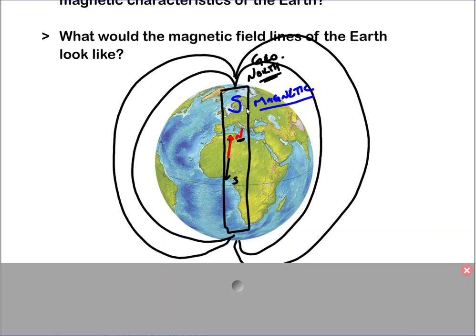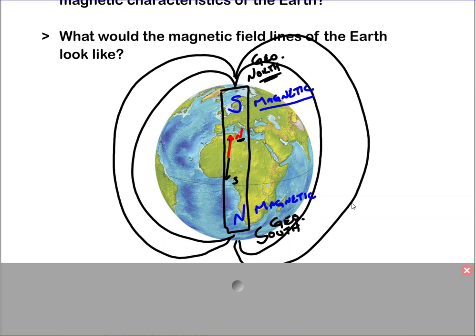So therefore, the geographic North Pole must be the magnetic South Pole, and therefore this means that this must be the magnetic North, but we call it the South Pole. That's where penguins live. But it is only the geographic South Pole, not the magnetic South Pole.